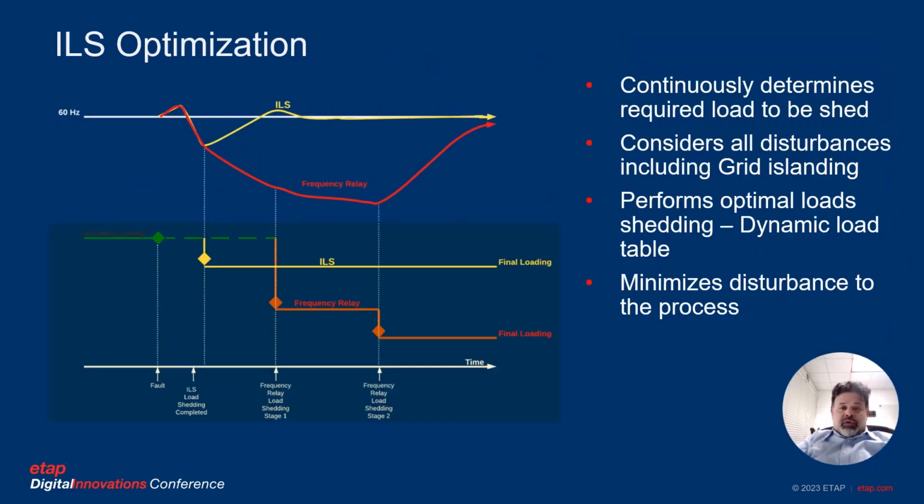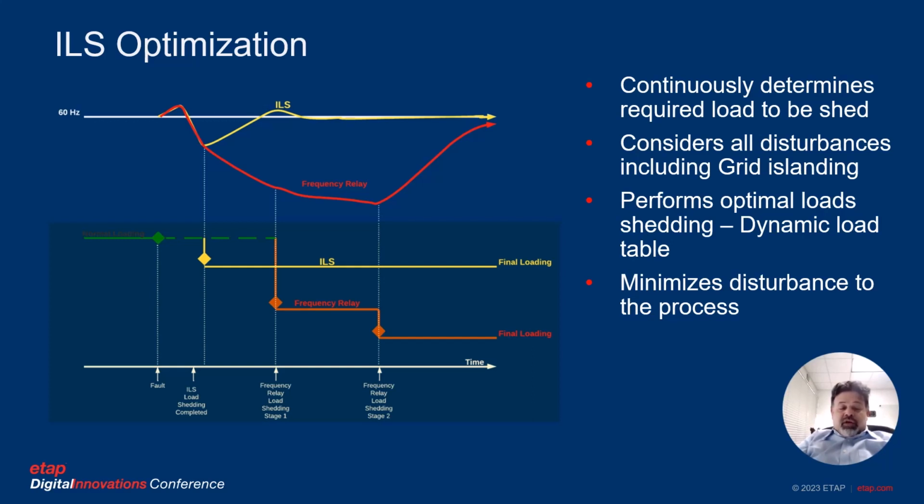Coming back to this plot, one important factor, and a very critical feature of ILS, is the optimization engine. The system determines the optimal amount of load to shed based on the type of disturbance in the system, looking at optimal performance based on available spinning reserves, and looking at the control response of all the generators and sources in the system.